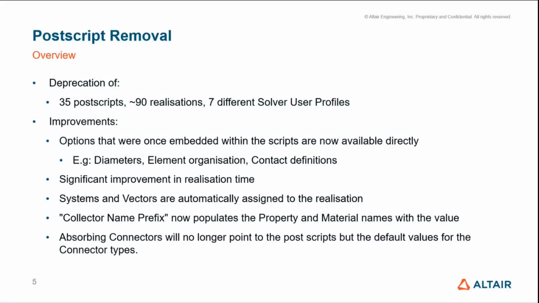What this means is we've gone through the process of deprecating 35 PostScripts that covers around 90 different connector realizations over 7 different user profiles. So it's quite a big impact for 2022.1.